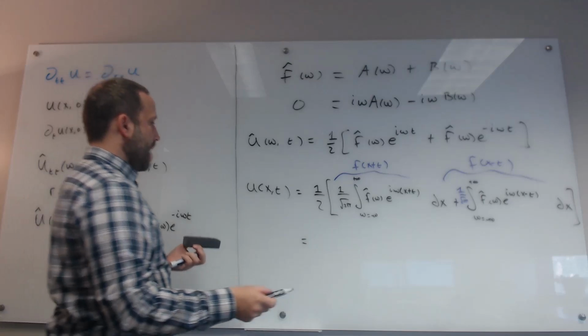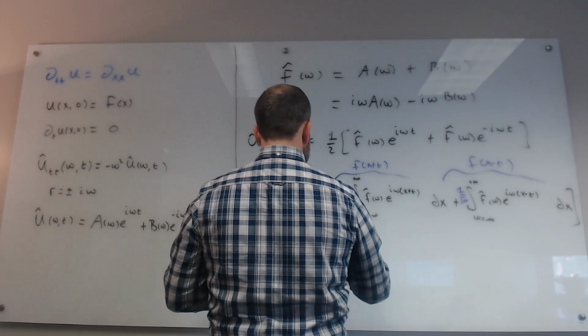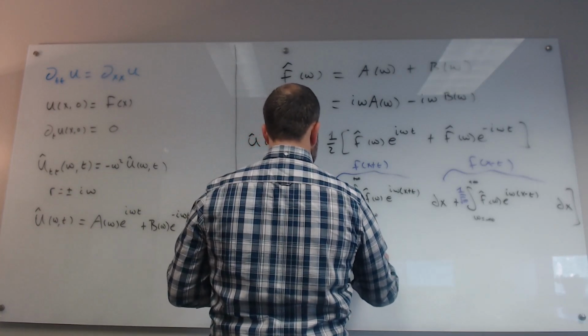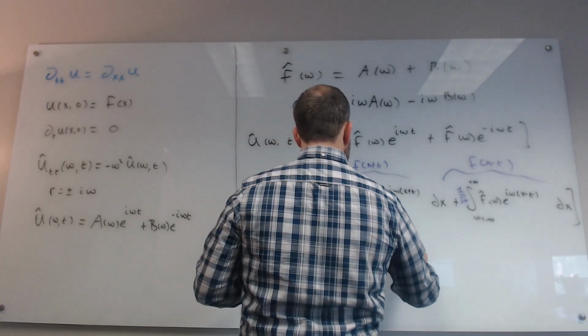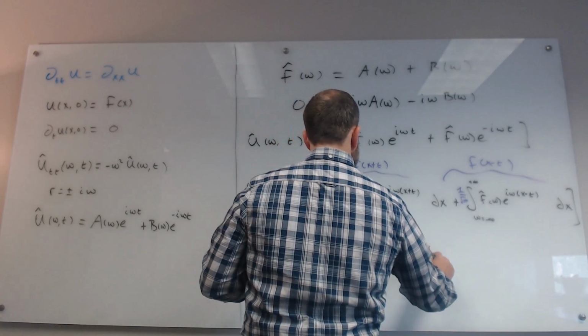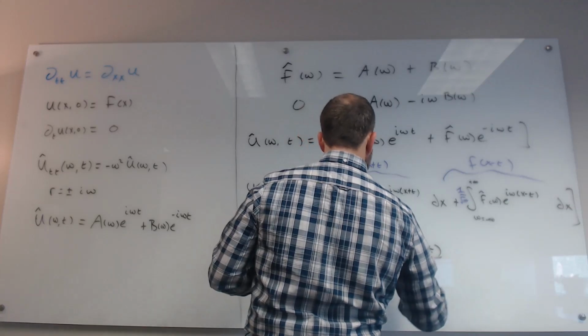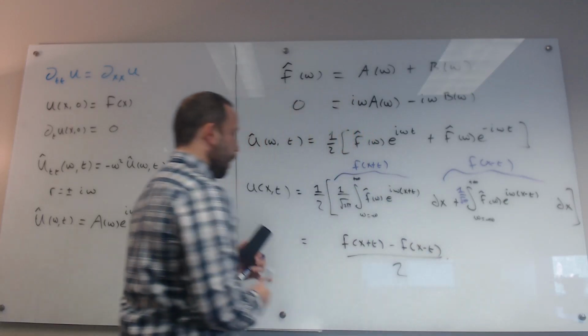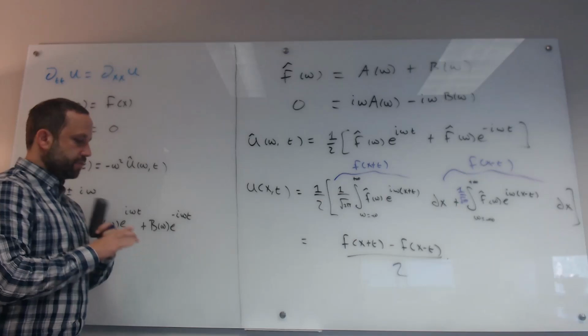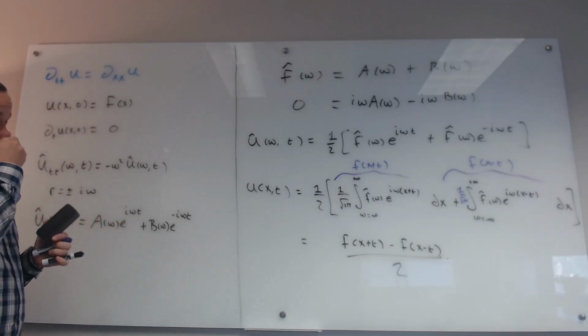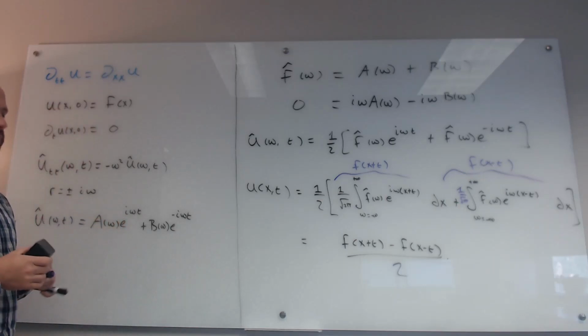And so the solution is going to be f of x plus t plus f of x minus t, divided by 2.